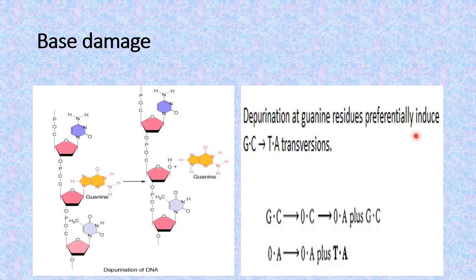Depurination at the guanine residues preferentially induces a transversion type of mutation. That means at the point where guanine is lost, at the time of DNA replication that site will be taken over by an AT base pair. So this leads to mutation.